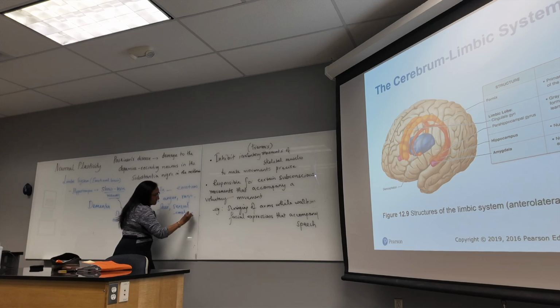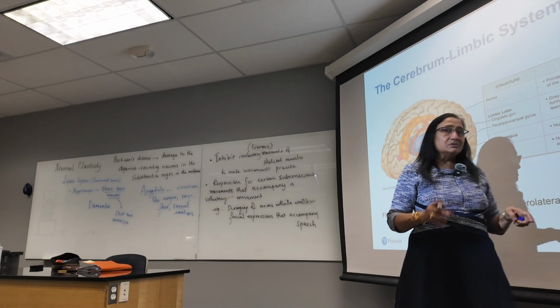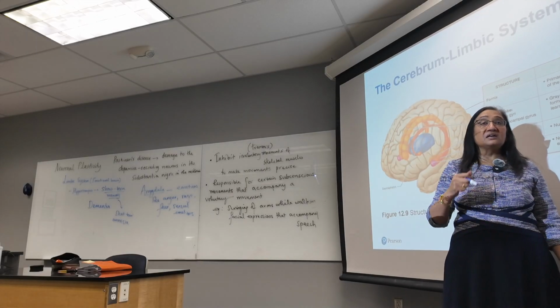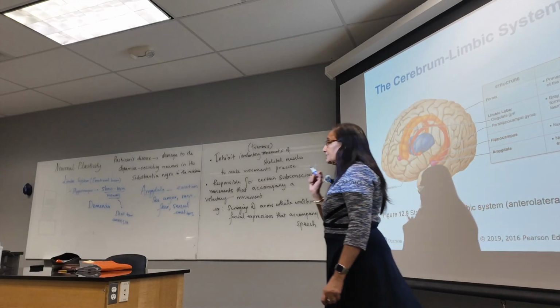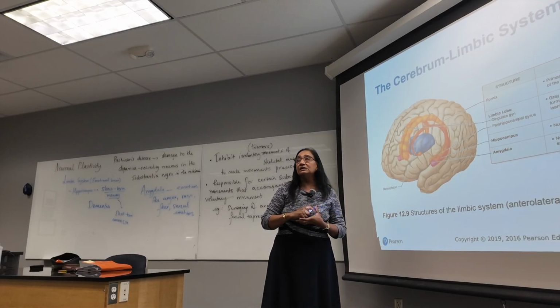That's what the amygdala is known for. More importantly, fear, anger, and rage. That's where the amygdala comes in. So that is the limbic system.